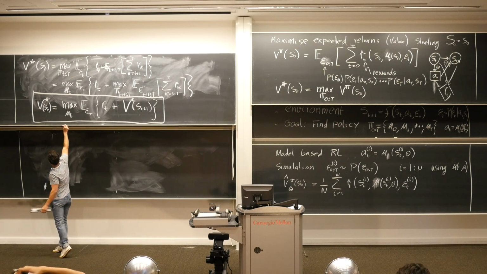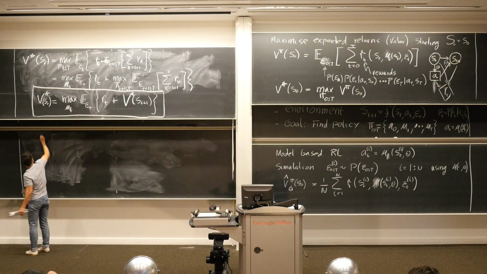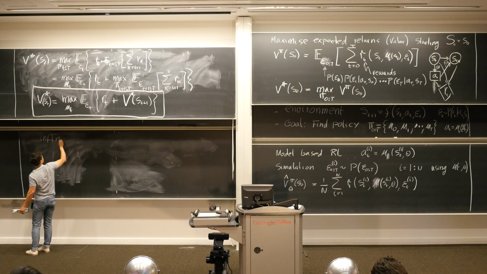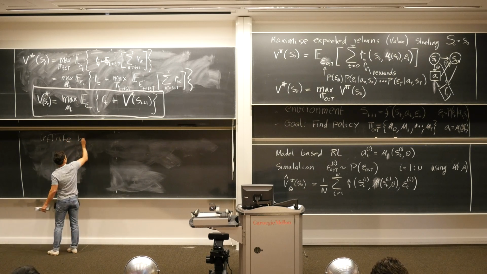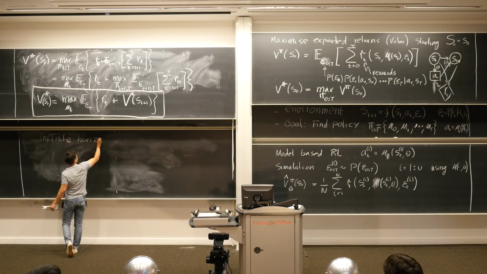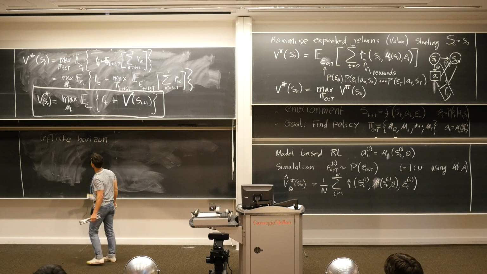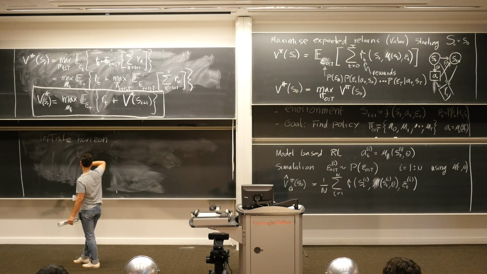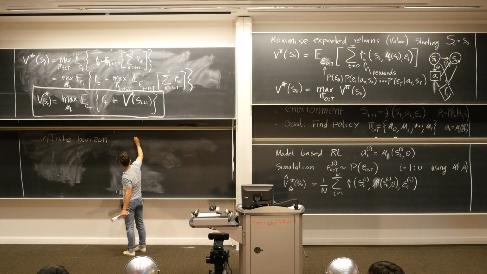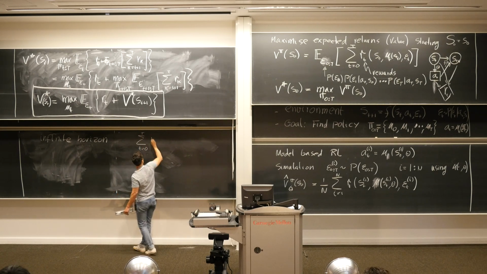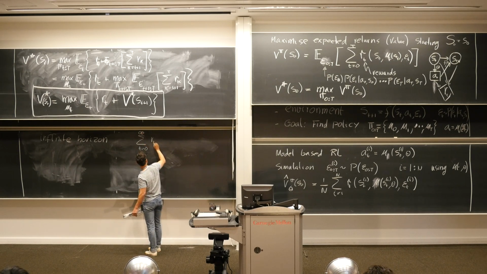Now, there are also infinite horizon versions of this equation. And the infinite horizon is just exactly the same thing. But in the infinite horizon, what we have is the objective is a sum from t equals 0 to infinity of RT.